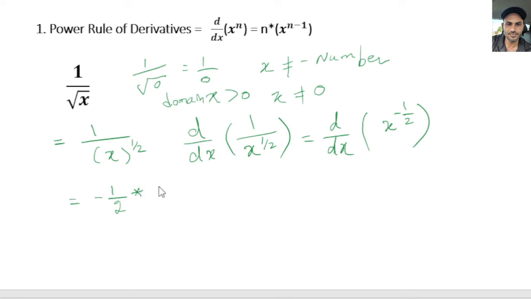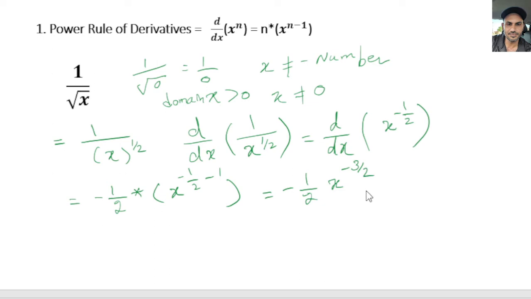And then we have x to the negative 1/2, and we subtract 1 from the exponent. I'm just going to go ahead and simplify it further. So negative 1/2, and when we simplify negative 1/2 minus 1, you get x to the negative 3/2.